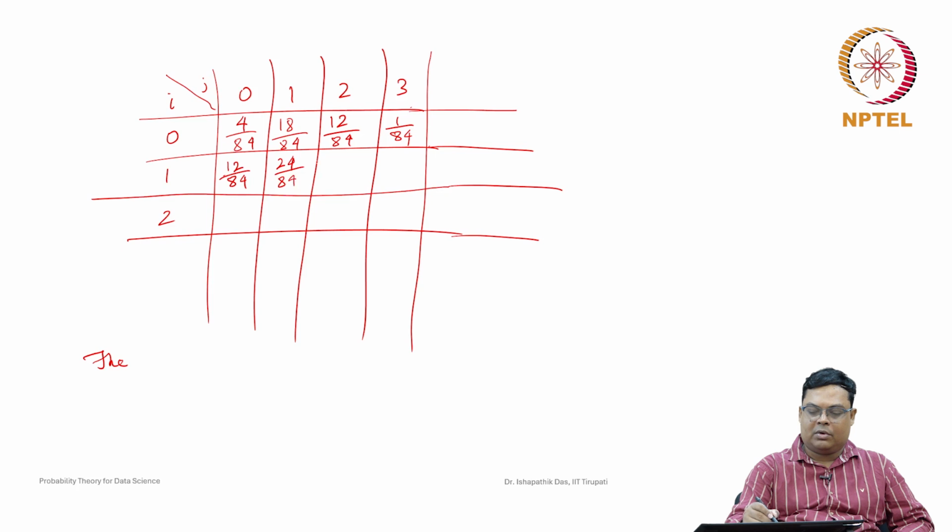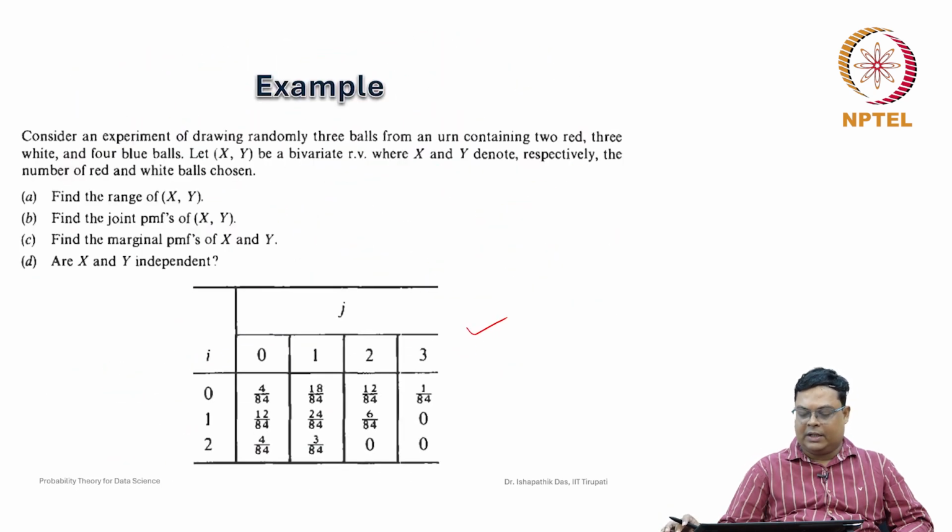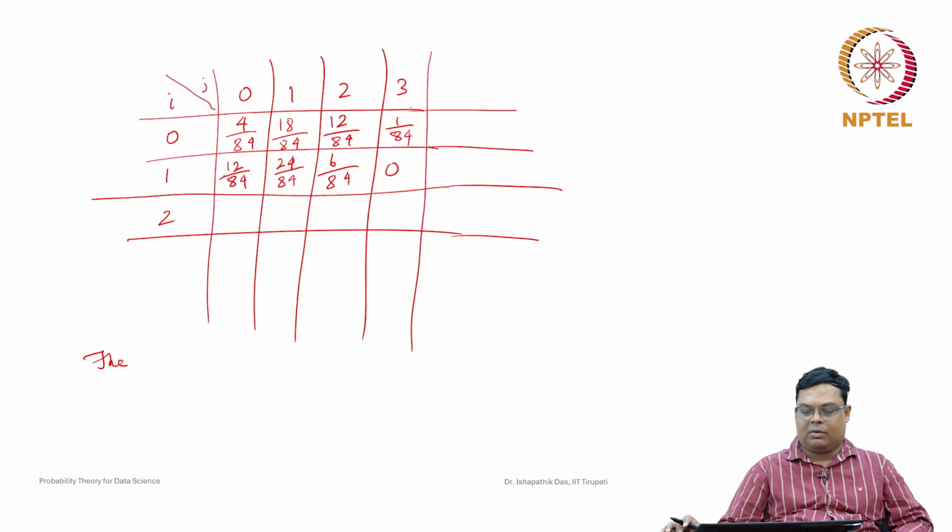The next line, you can check whether these are correct, is 4 by 84, 3 by 84, then this is 0, this is 0.